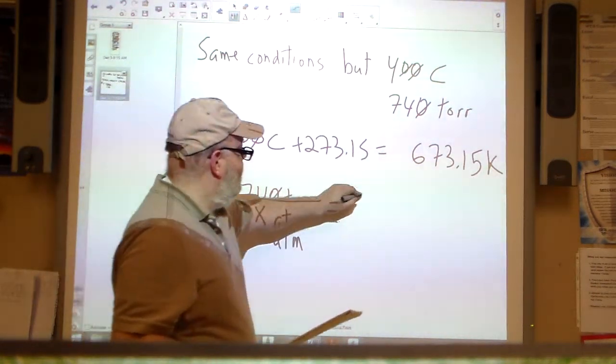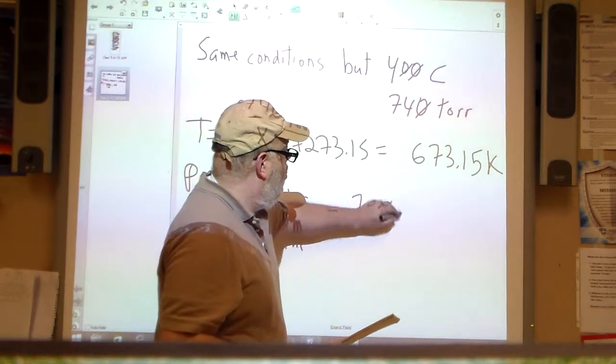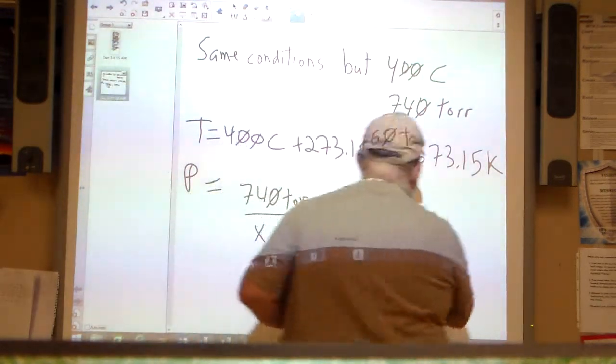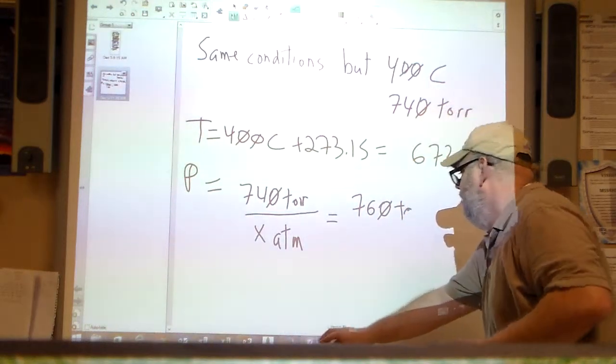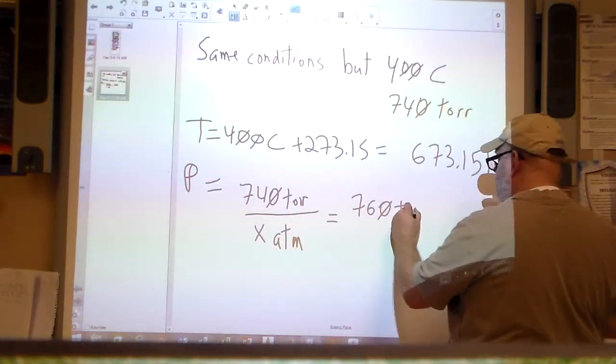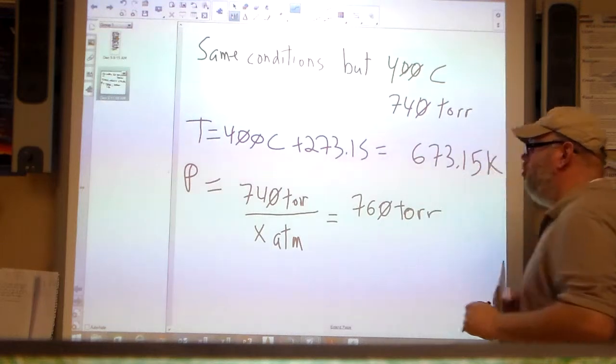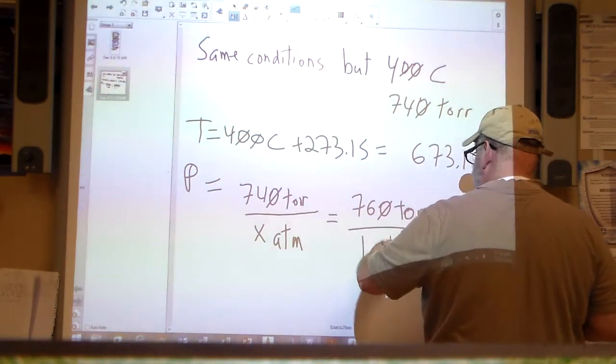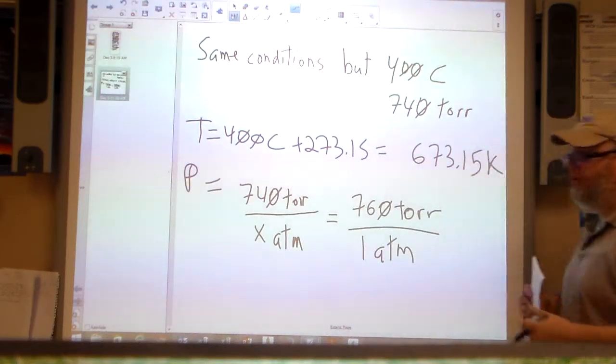But we know we get 760 torr at sea level, and that's going to be over 1 atm, because that's what we know at sea level.